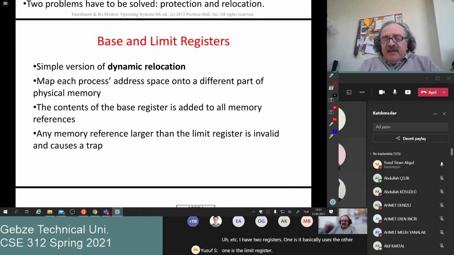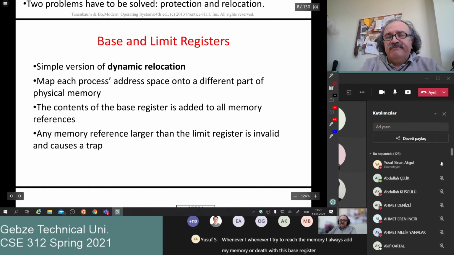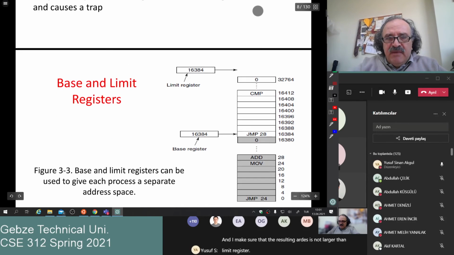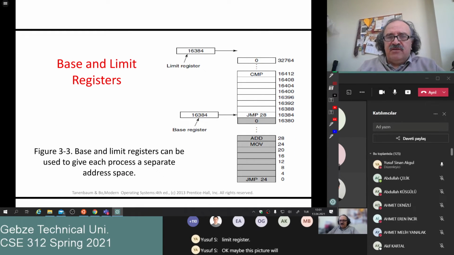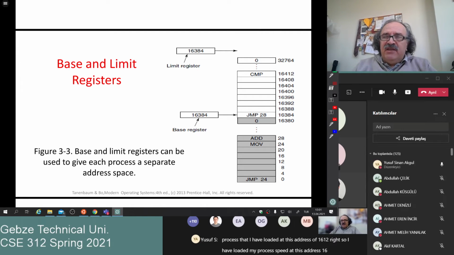Whenever I try to reach the memory, I always add my memory address to this base register, and I make sure that the resulting address is not larger than the limit register. Maybe this picture will make it clearer. Remember my process B that I have loaded at the address of 16 kilobytes, 16,384.